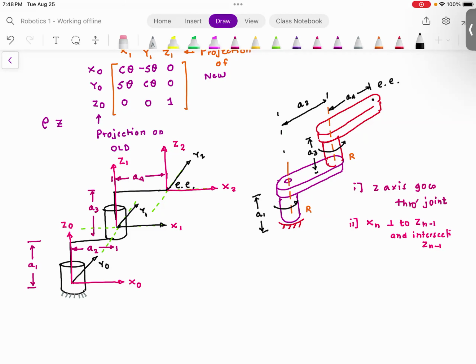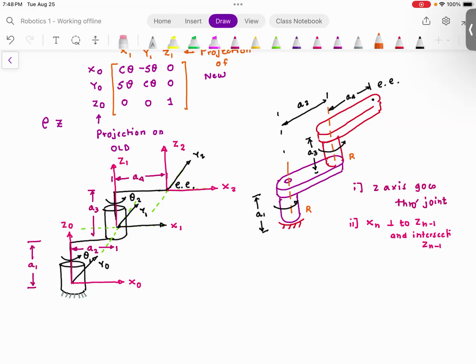Now let's understand the rotations. So this joint is rotating. This joint is rotating. I'm going to assign positive rotations for these two. So there will be theta 1 and then there will be theta 2. Do you agree with me? Let me use a different color.